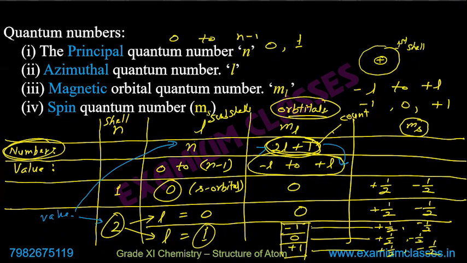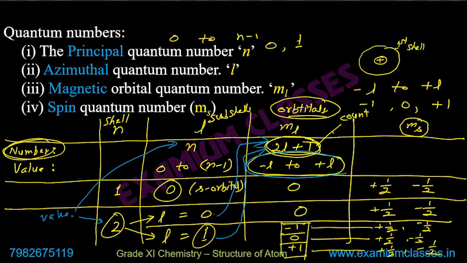For each subshell, you got the orbitals in that subshell. The values of those orbitals you got from the range -l to +l. We will be doing questions.